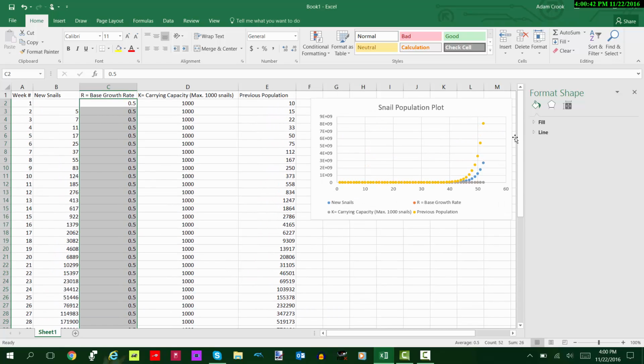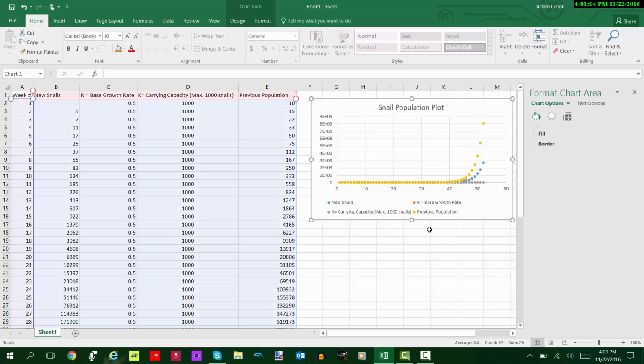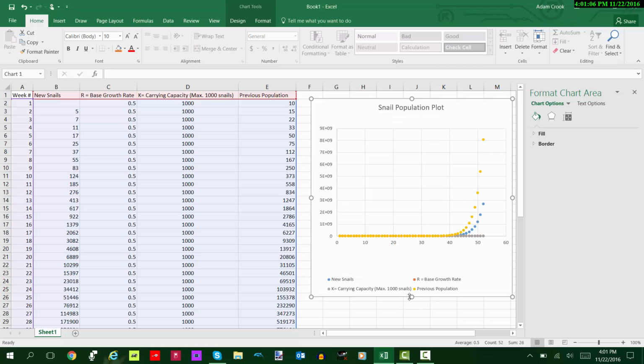Everything's 0.5 and it's... Whoa. Yeah, it kind of changed the growth rate towards the end. It looks like it went up real fast, but it stagnated a little bit right at the end here. But also look at the previous population. It's more spread out, towards the end, you can see here. Let me make this a little bit bigger.